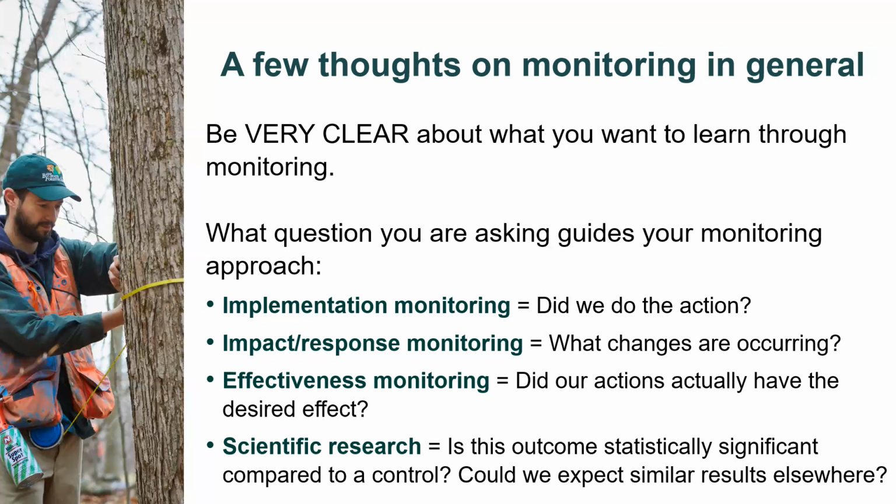This kind of monitoring is probably the hardest to pull off most of the time in adaptation planning because it requires a lot of capacity. But I will say when you can pull it off, it's really valuable because it can be predictive to other situations, and it can produce farther reaching insights than just internal, project-contained monitoring.